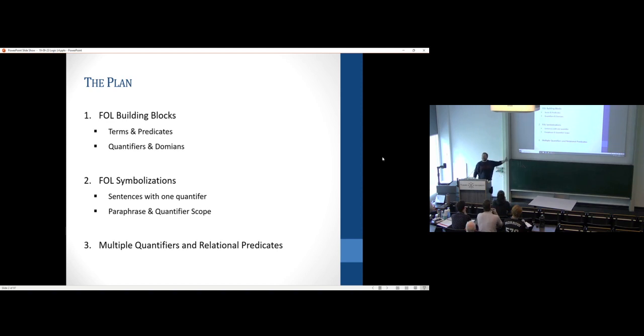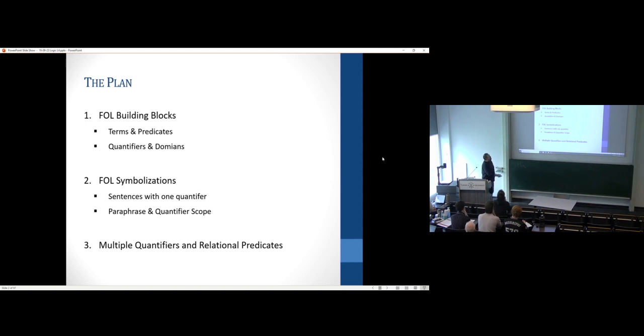How to say every F is G, some F is G, no F is G, and not all F's are G's. Don't stress. I'm going to talk you through those. Honestly, if we know how to do those 4, most of the FOL symbolizing we're ever going to want to do is done. It'll be versions of those 4, one way or the other.